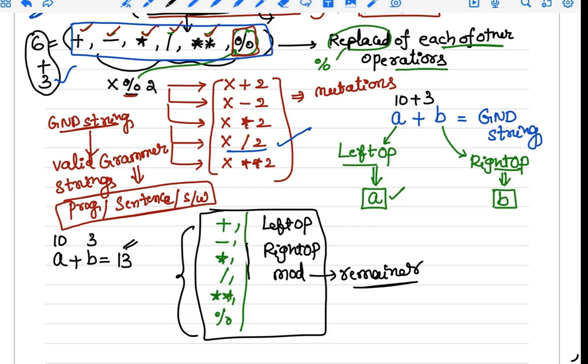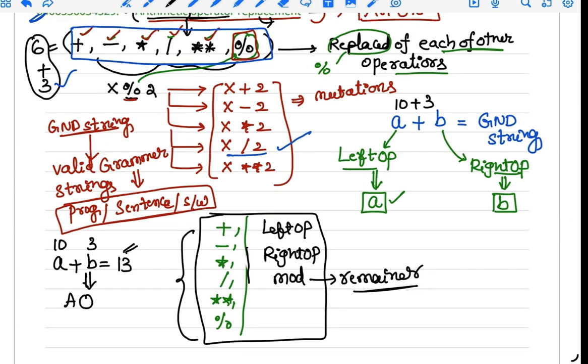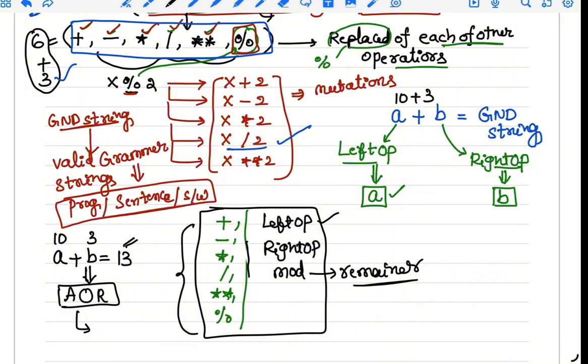If we apply arithmetic operator replacement AOR with left op, the mutant evaluates to a only, that is 10.